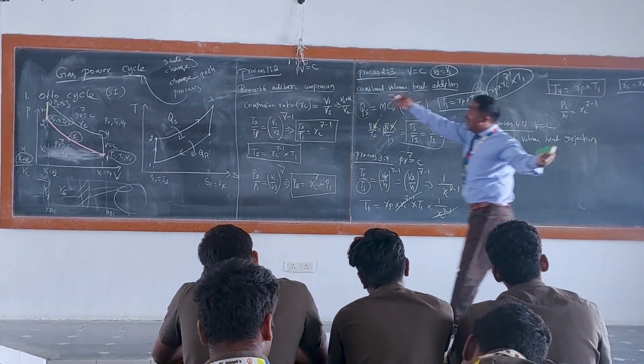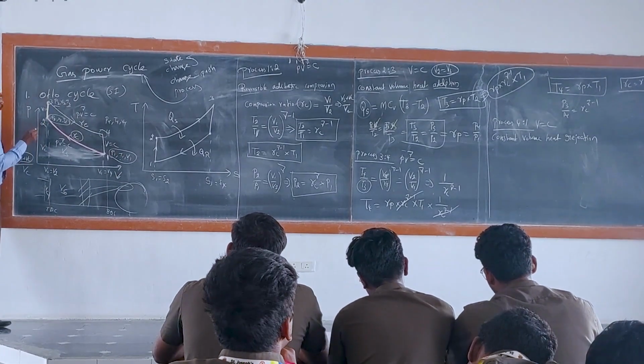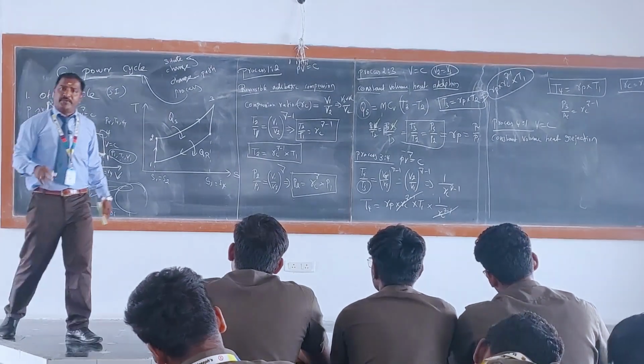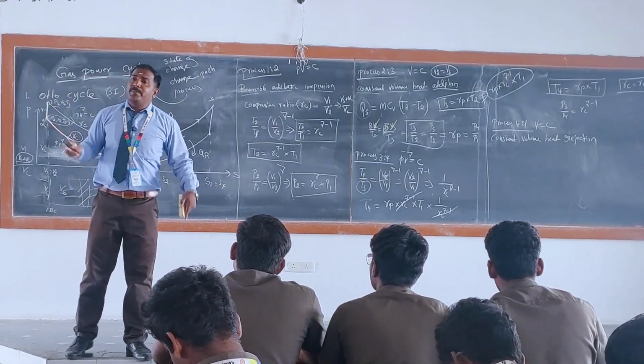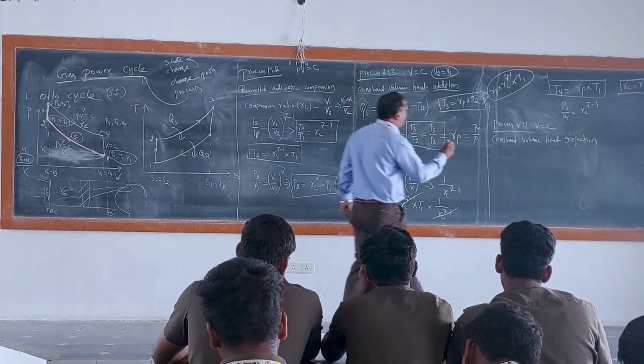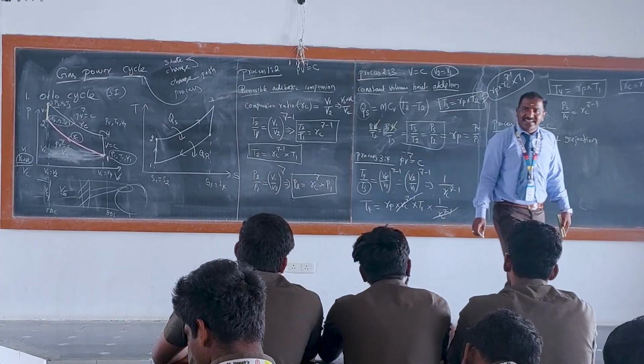I know all those parameters: P1, V1, T1, P2, V2, T2, P3, V3, T3, P4, V4, T4, we know all of them. We don't want to use any PV diagram relation here. Directly I can go for heat rejection. What is the formula?